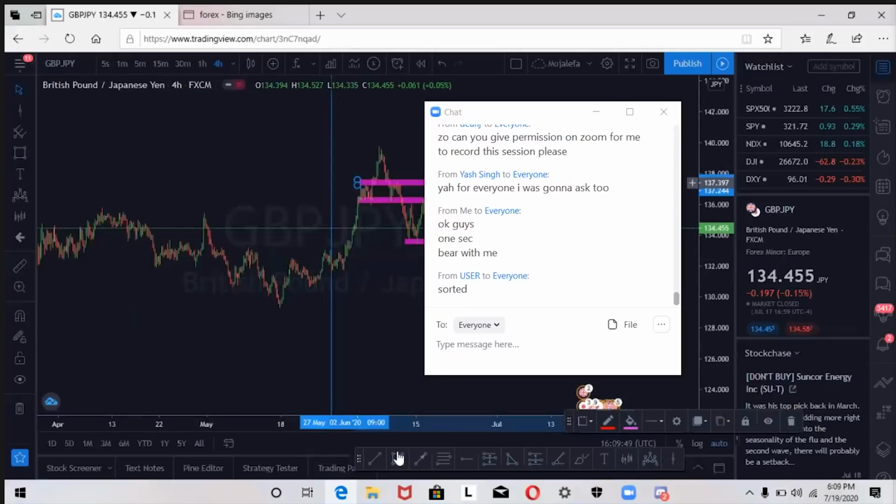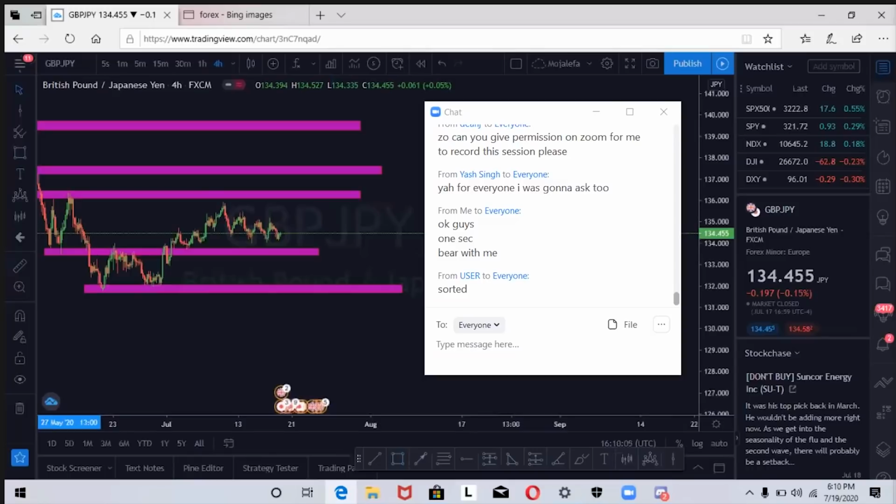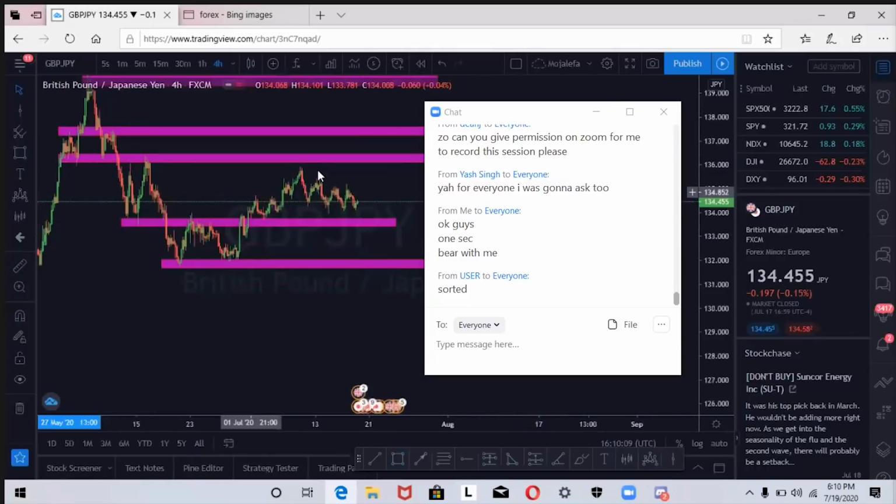Then I have another resistance here, which is my highest point, looking at the recent movement. So once you have everything identified, you can also look at the recent movement and check out your support and resistance.